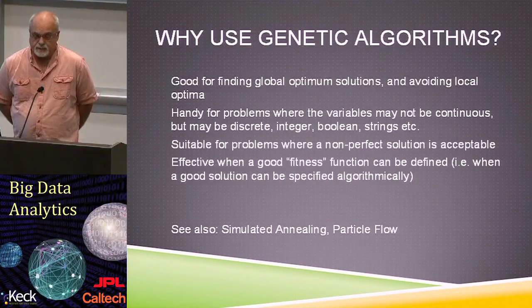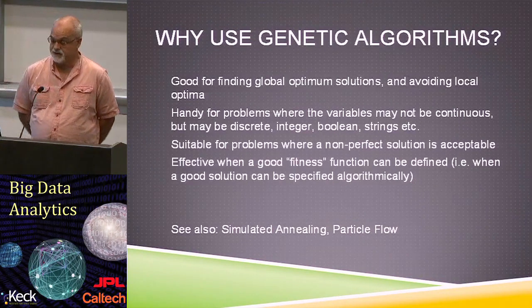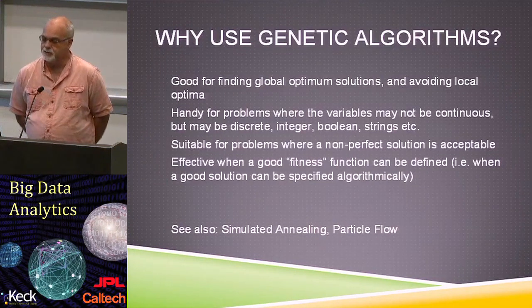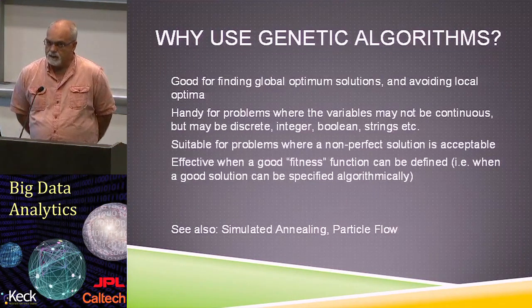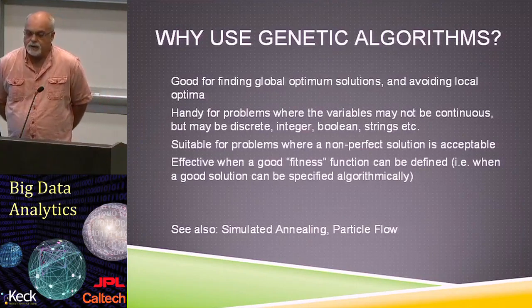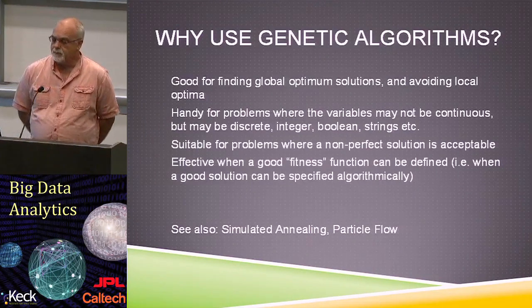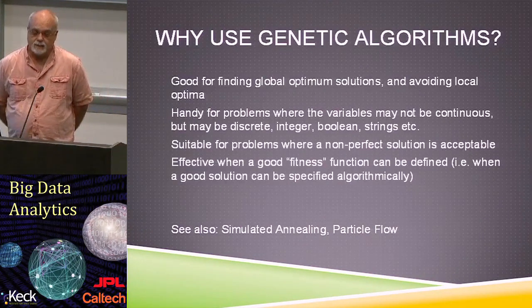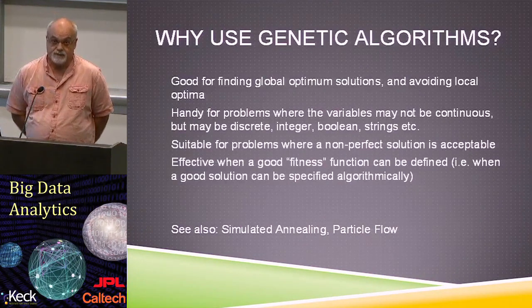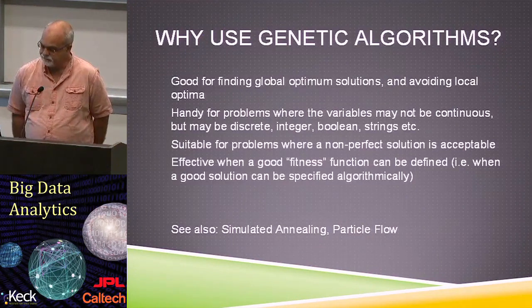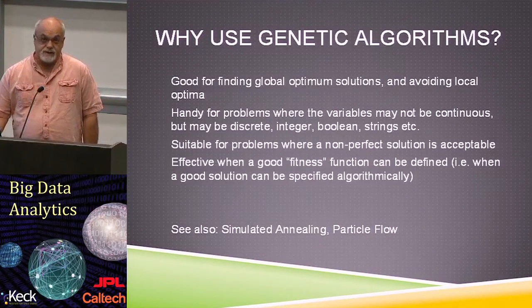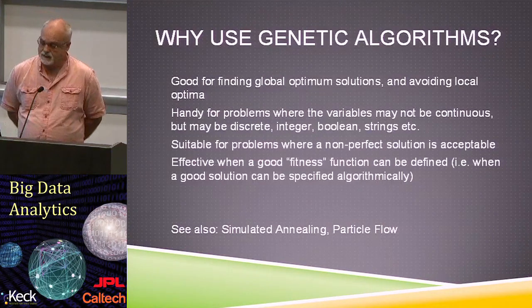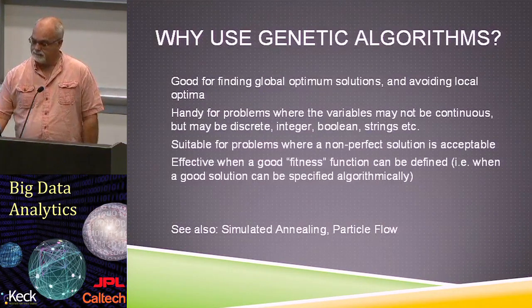They're very suitable for problems where a perfect solution is not required, so you're not looking for the solution, but you're looking for a solution which is good. And they're most effective when a good fitness function can be defined. In other words, you can define how well a particular algorithm is performing in your problem. Other examples of this sort of approach are simulated annealing and particle swarm.